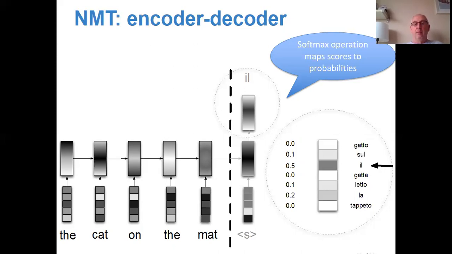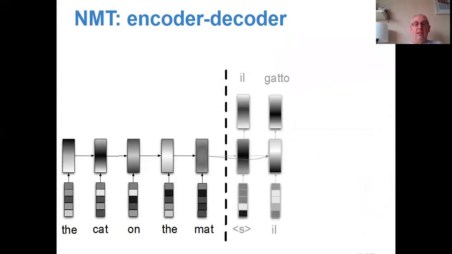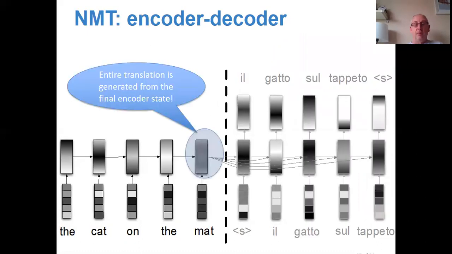Here we just predict the word with the highest value, which happens to be il, the masculine singular determiner equivalent to the in Italian. We can then predict the next word, gatto, and then continue on through all of the words until we have output a single output string, which is perhaps the best translation that the neural net can come up with. But the whole translation was generated from the final encoder state.